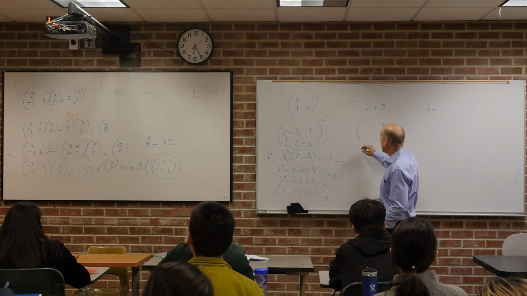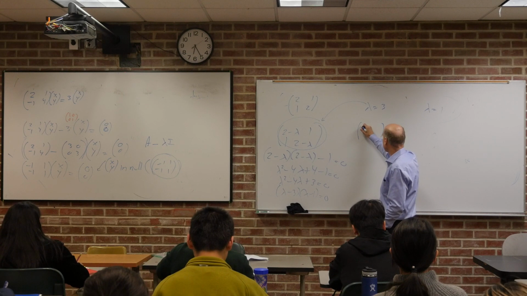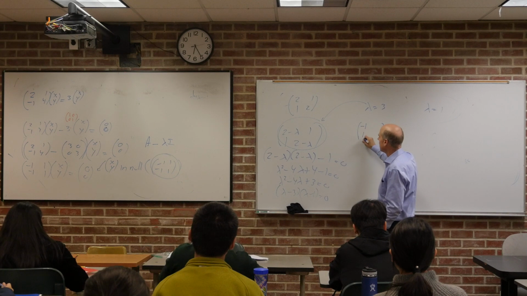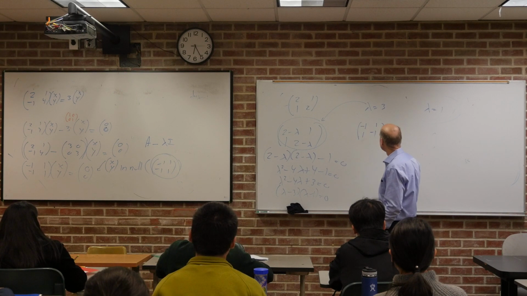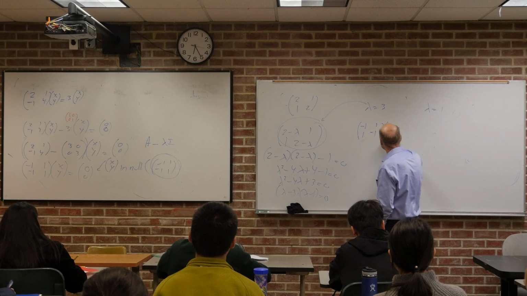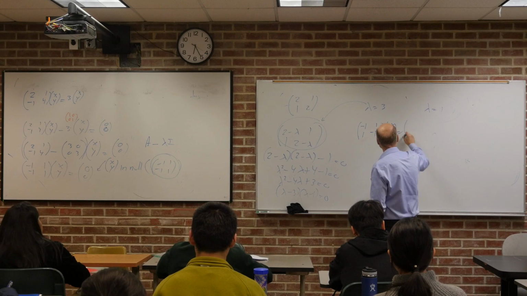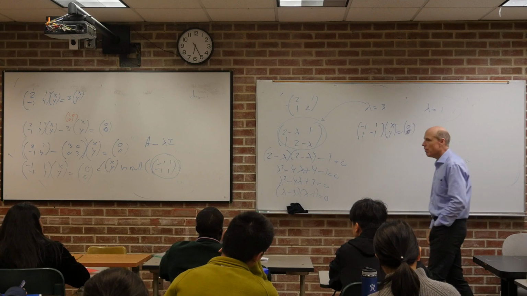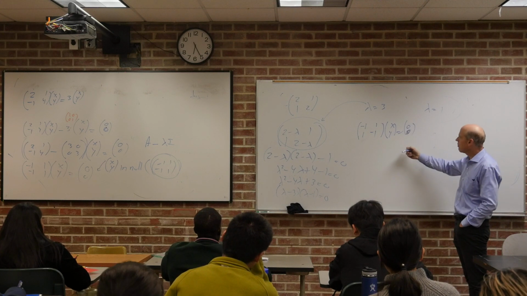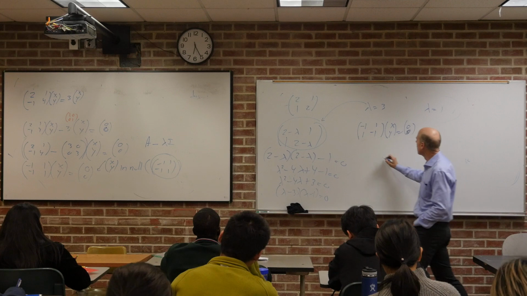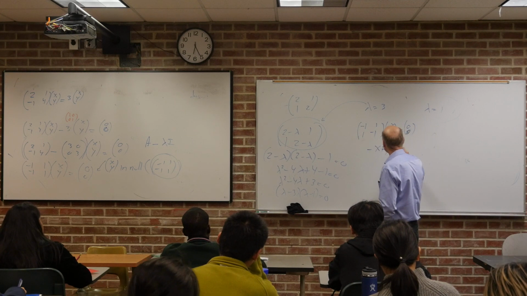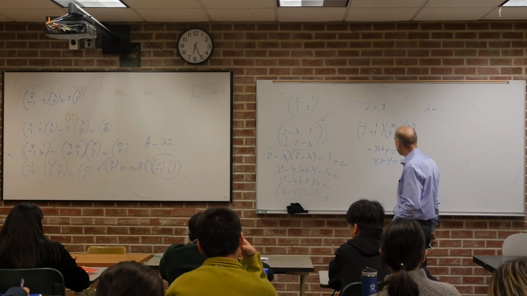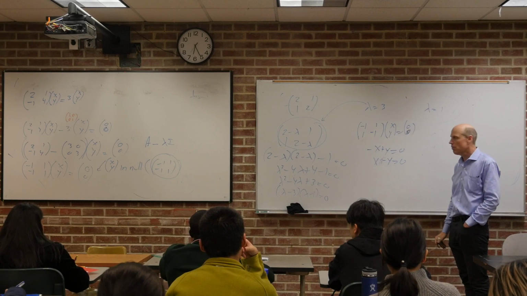So if lambda equals 3, what's the first column? Okay, then, essentially we've pre-subtracted the x and y part from both sides. Same equation as promised.